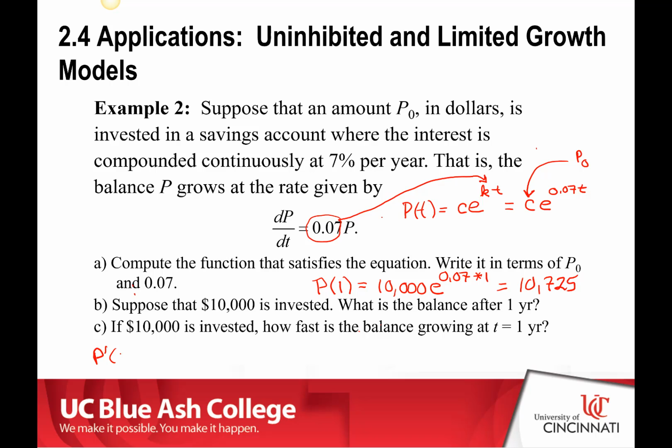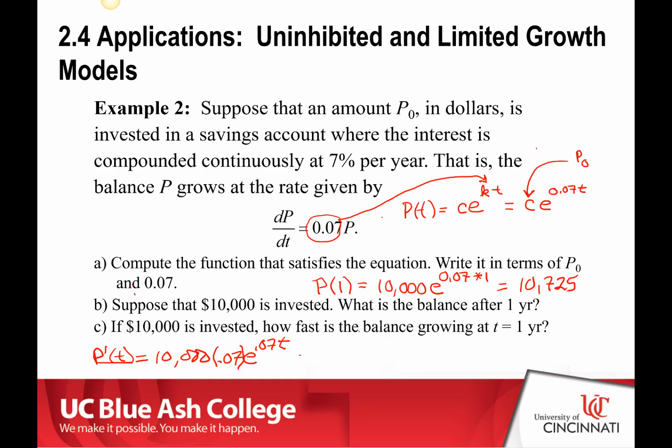And P prime of t is going to be our 10,000 times e to the 0.07t. Now we're going to use the chain rule on that e to the 0.07t, which means that we're going to multiply by whatever the derivative of the exponent is. And the derivative of the exponent is 0.07.